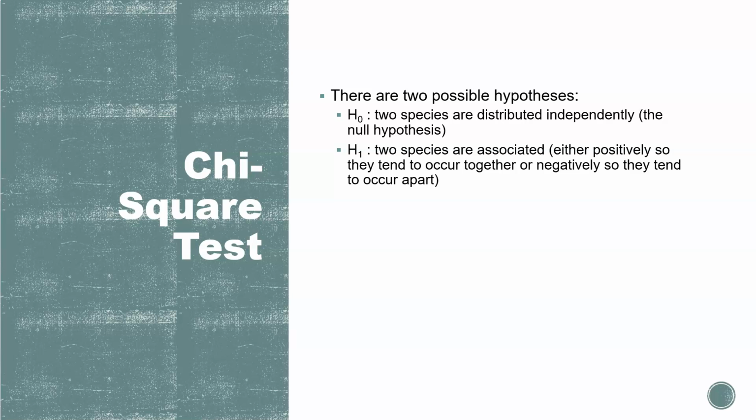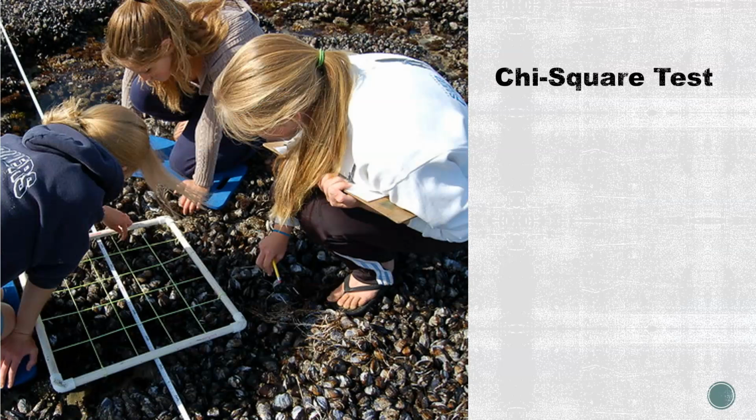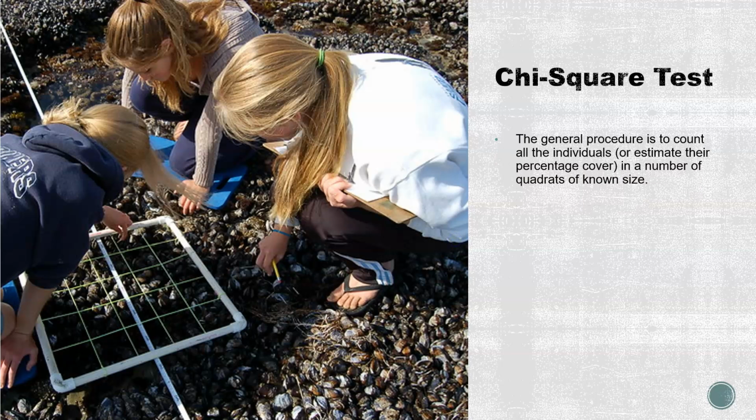So we've got our two different hypotheses. To test these hypotheses, we use our statistical analysis, chi-squared. Now, you can only use chi-squared if your sample size is 20 or larger. Okay, so it's important to remember that.